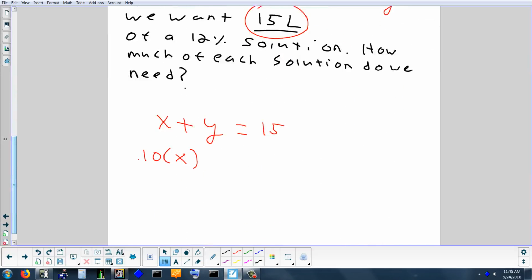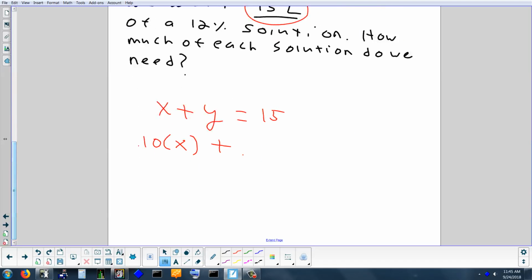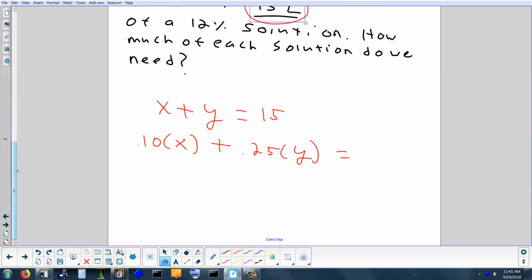X. So concentration times amount, plus, Haley, what's my concentration for the second solution? 0.25, times how much of that solution we're going to use, equals, and then take your final concentration times your final amount. My final concentration is 12%. My final amount is 15.